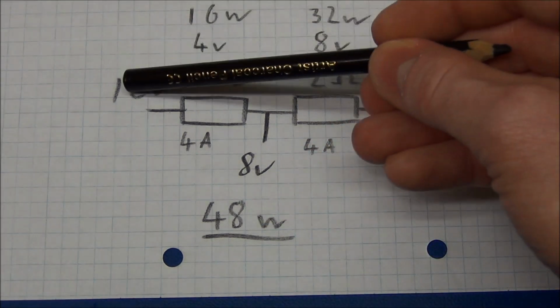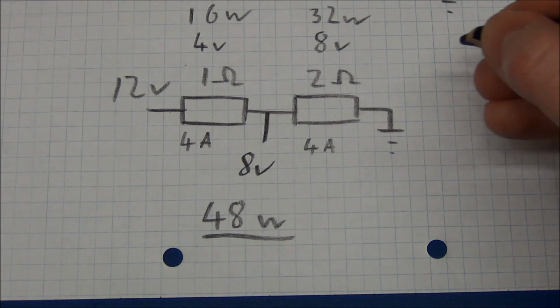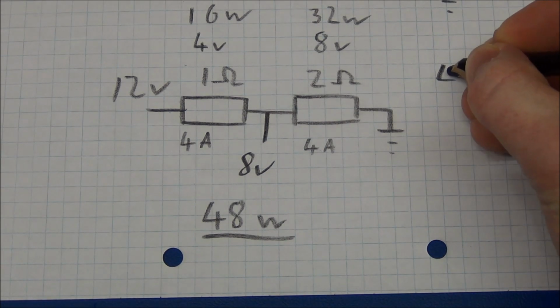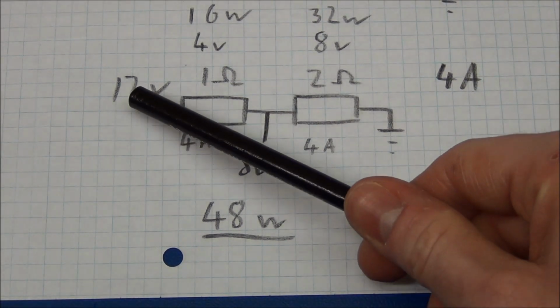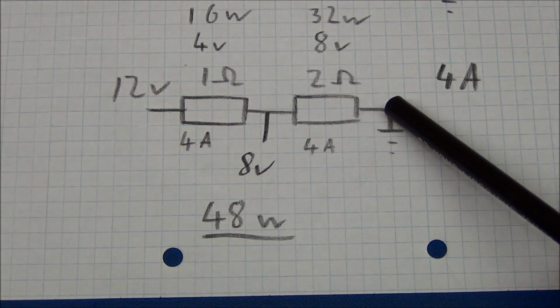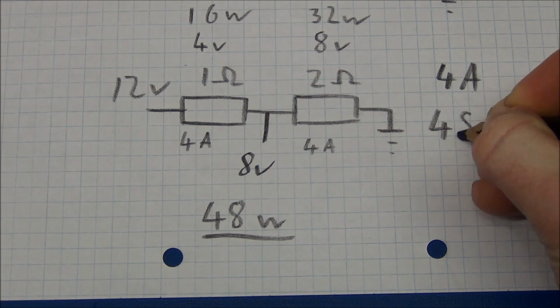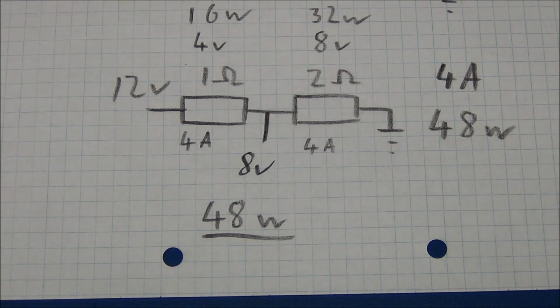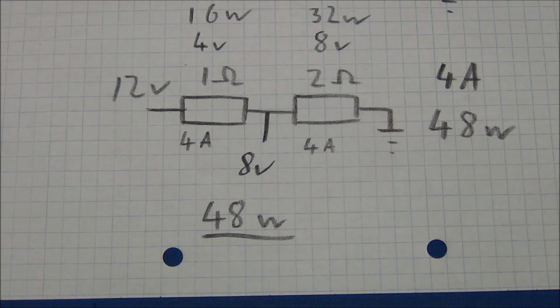Now if we take 12 volts across 3 ohms, if we pretend this is one resistor, we will also have 4 amps flowing through it, of course. And we'll have a voltage drop of 12 volts, so we multiply that by 4. And that also gives us 48 watts. So now we have good confidence that this value will be correct.